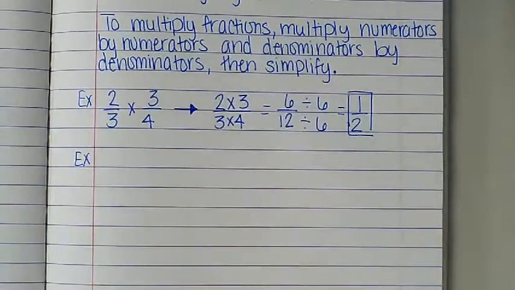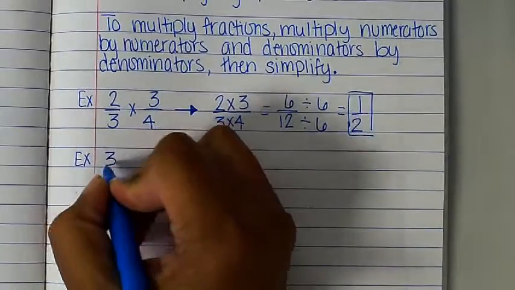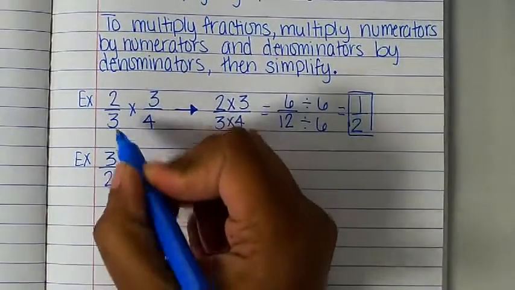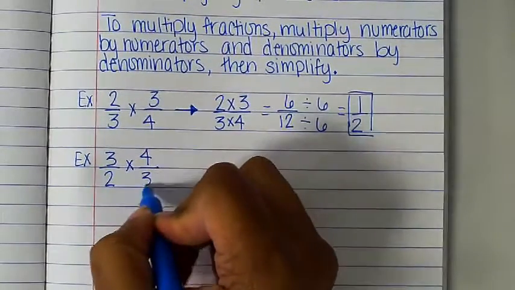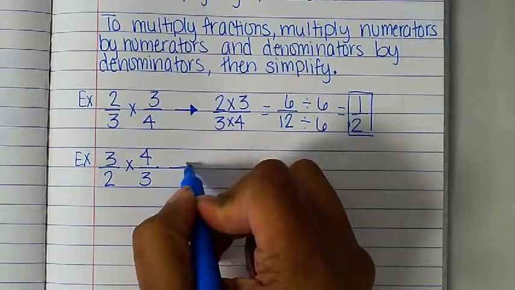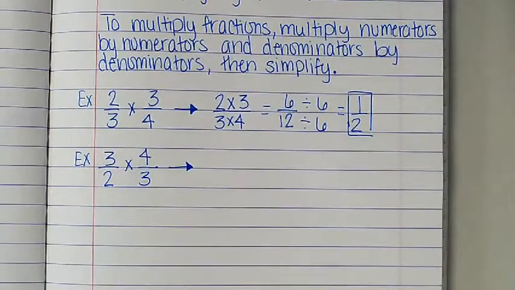All right, next example. 3/2 times 4/3. We're going to do the same thing.